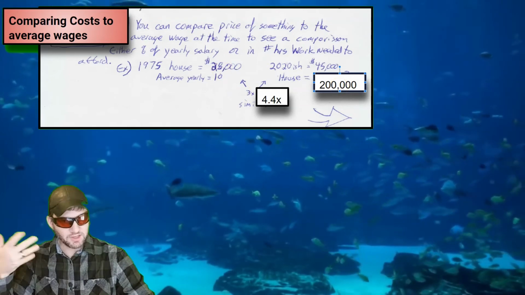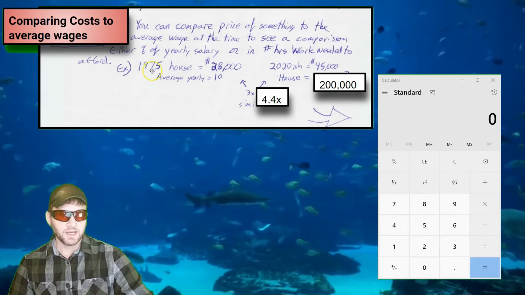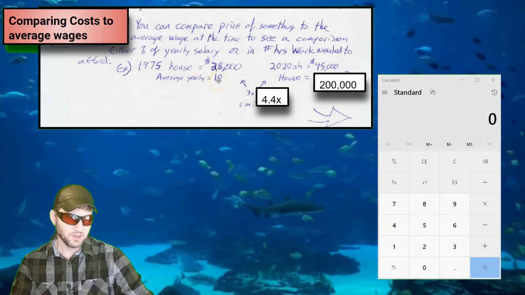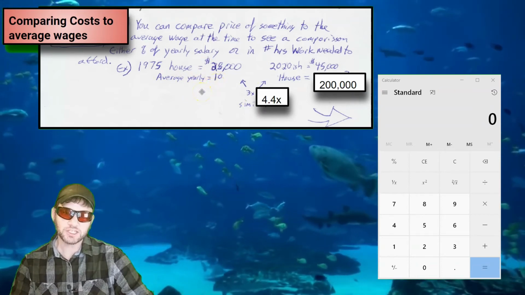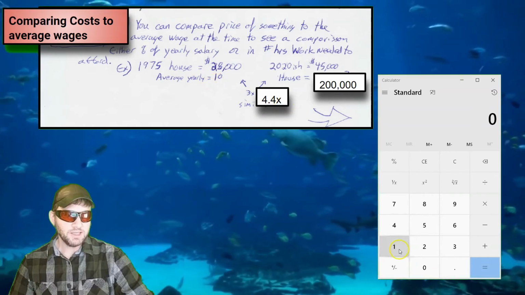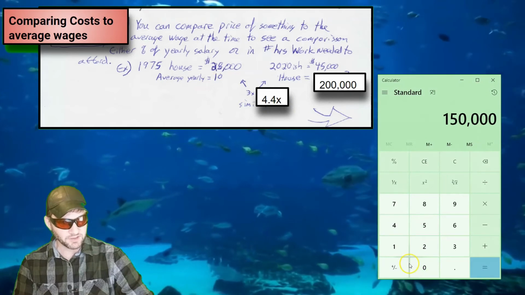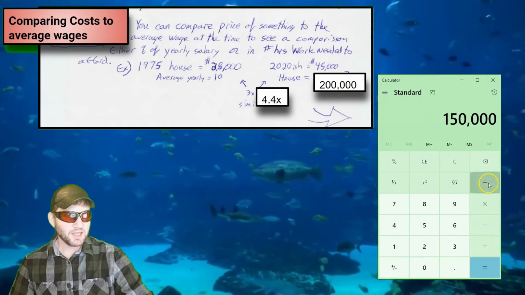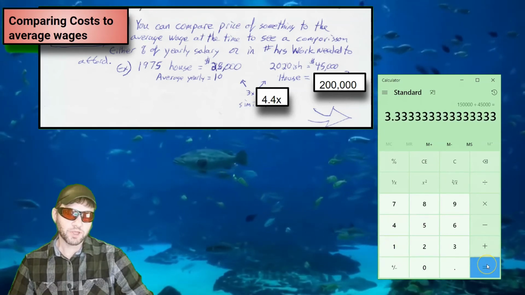So you could start thinking about prices in that way. You could think of it this way too. In 1975, my parents had to spend 2.8 times or 3 times their yearly salary to get a very nice house, a totally acceptable house. Well, in the area today, I would say a totally acceptable house is $150,000 in certain towns. And that is 3.3 times.